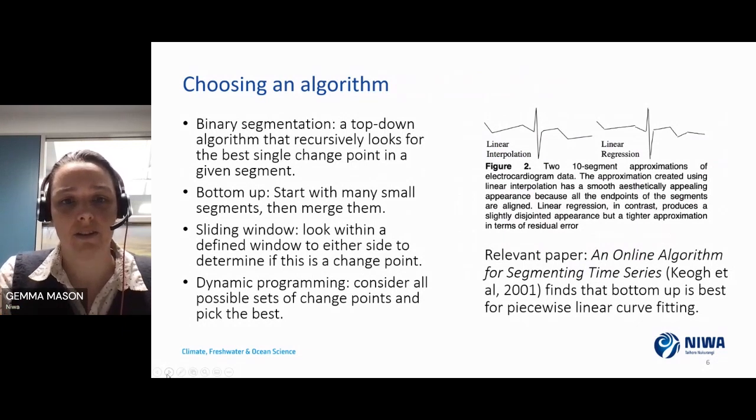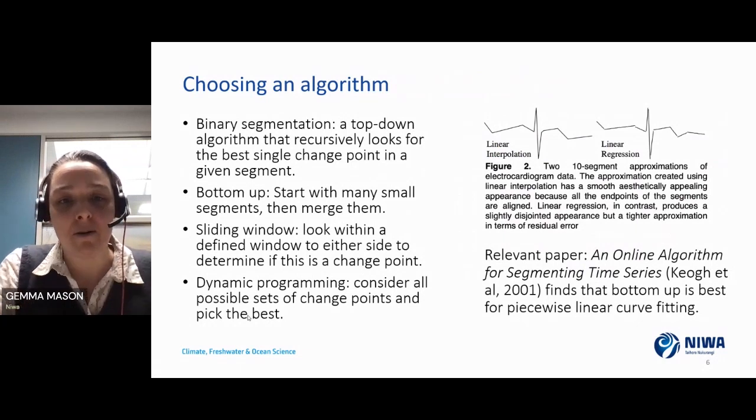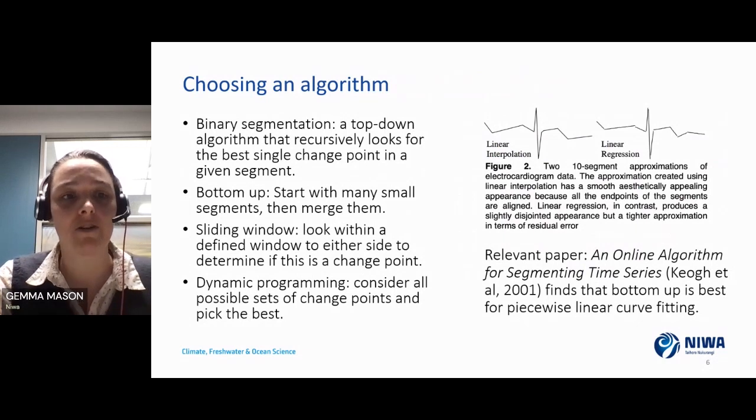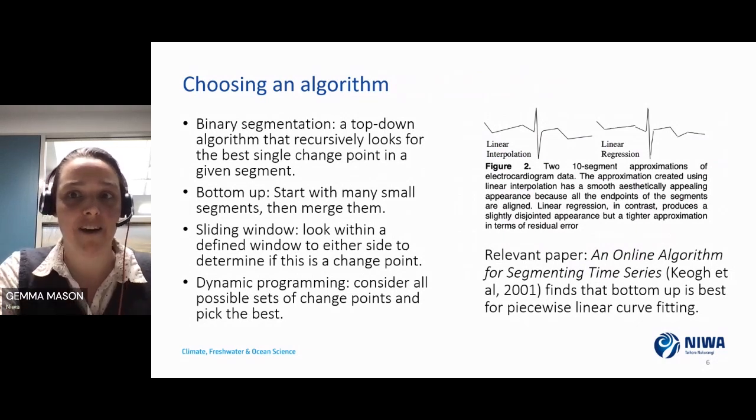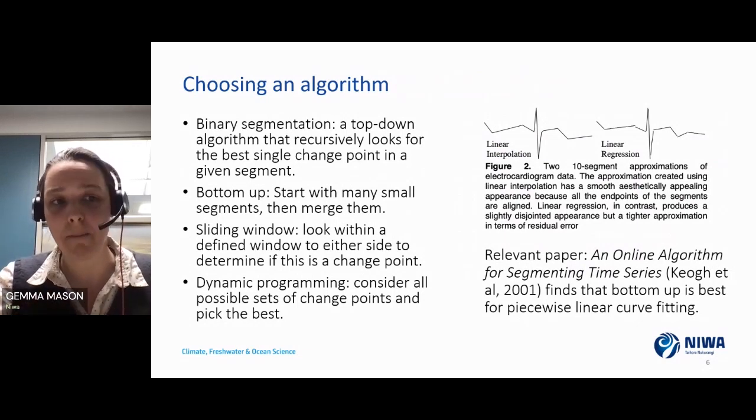You're not really at that early stage. Whereas if you're doing it bottom up, then you hope that locally the piecewise thing isn't even coming into it. You hope that your tiny little segments that you started with are mostly within your pieces. And so a lot of the places where the fit is good is because you genuinely have found a place where you shouldn't have a change point. So you're starting with good information rather than bad. So there are good intuitive reasons to use bottom up.